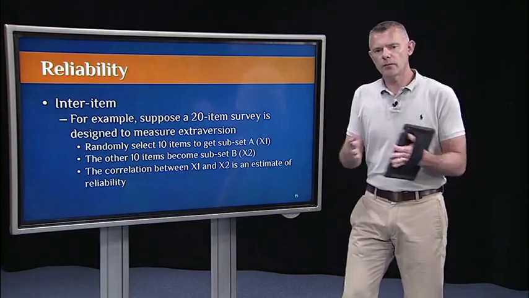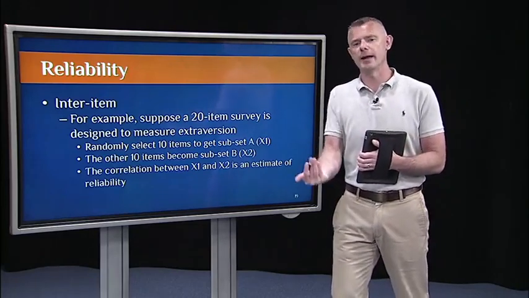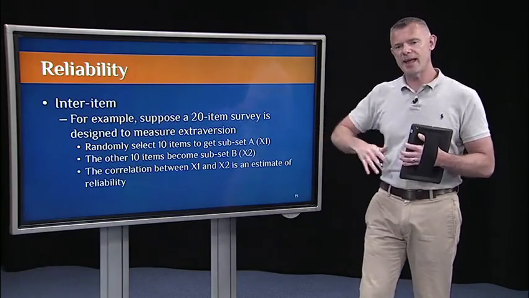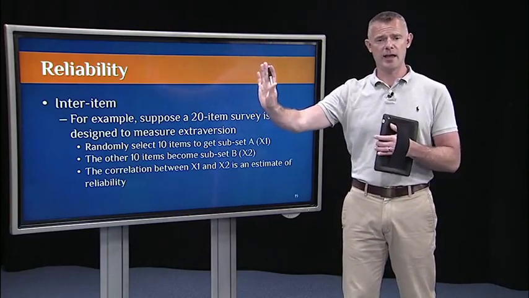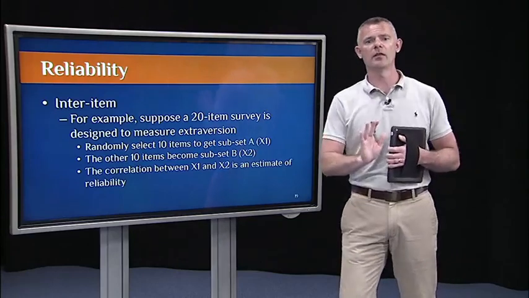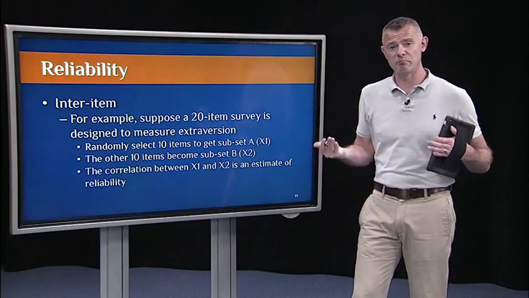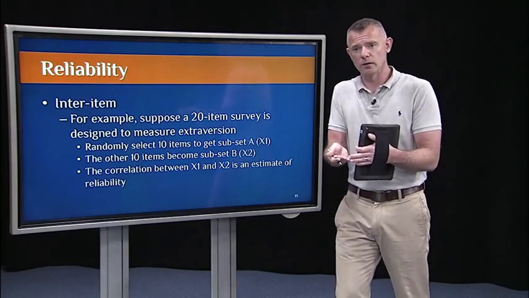And what we can do is look for correlations among those items that purportedly measure the same trait. To estimate reliability, we can just take half of the items that are designed to get at extroversion and call that subset A, and then take the other half and call that subset B. Now we have two assessments of extroversion built into one overall survey.